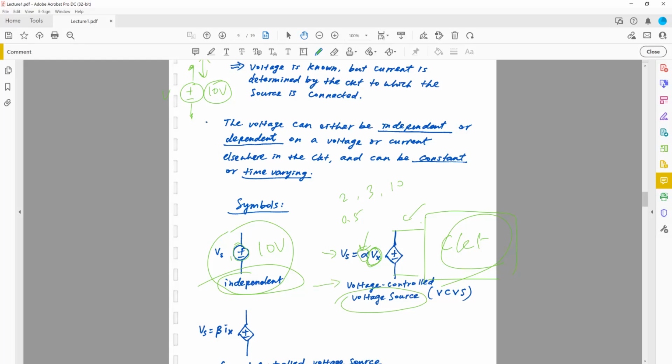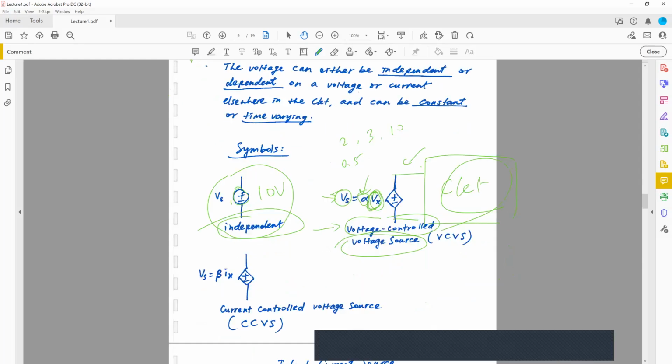But this is voltage controlled because I know there is some dependency, and that dependency is this Vx. So in other words, Vs depends on Vx, which is somewhere in your circuit, multiplied by some scaling constant. There's some number.